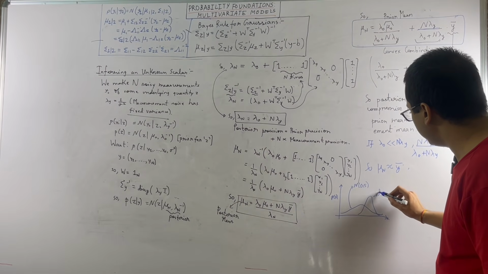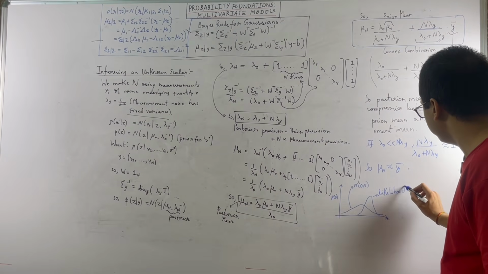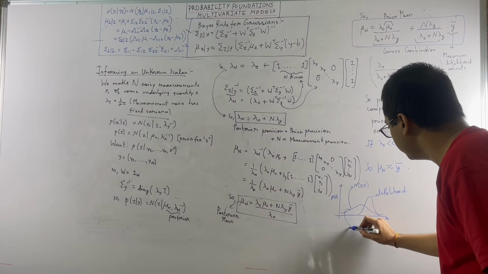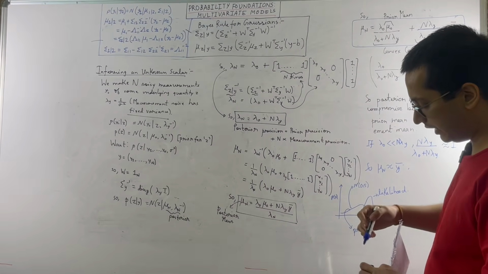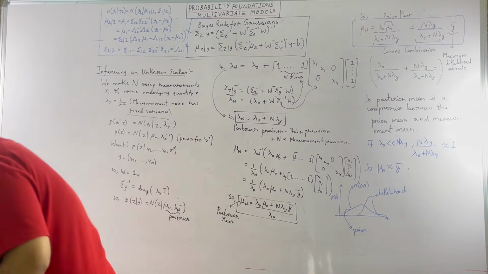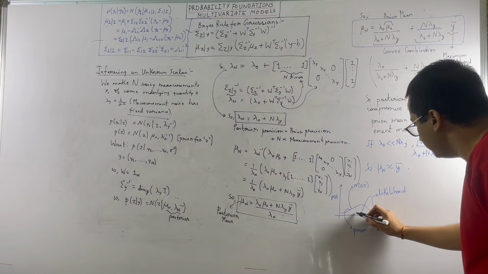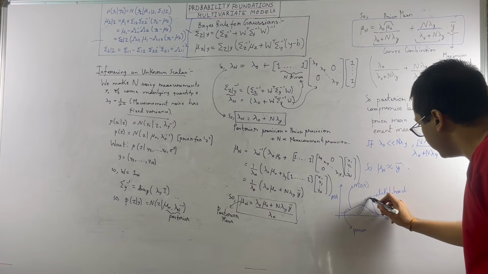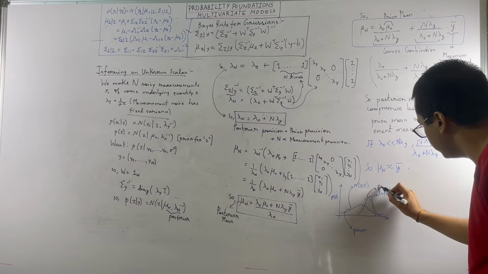This is the prior. Since the prior is very weak, the posterior will not deviate much, right? So the posterior will look somewhat like this only. So this is the posterior.